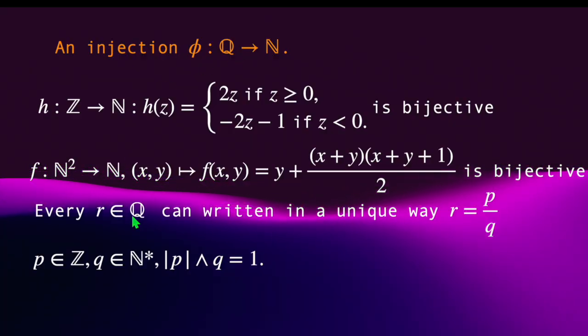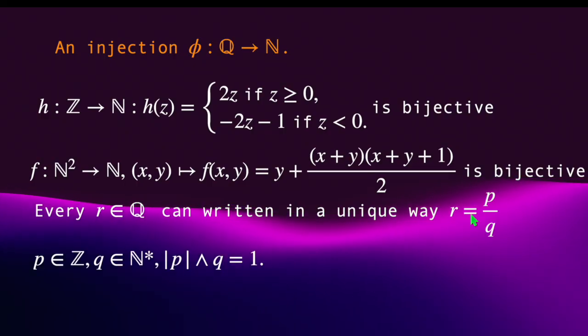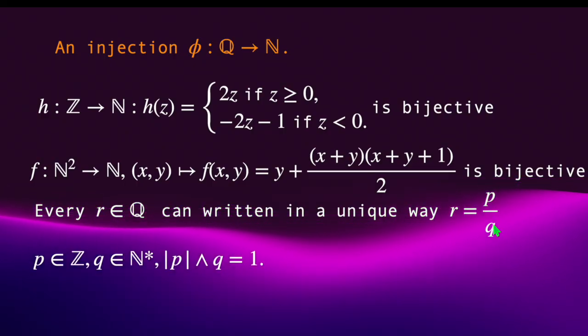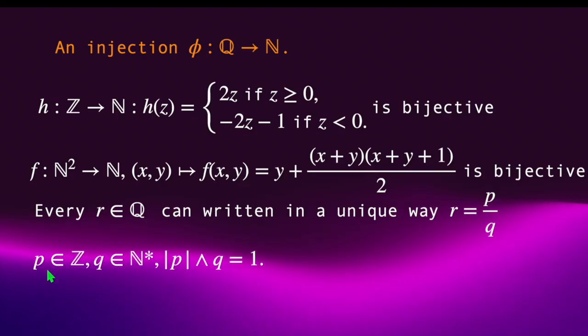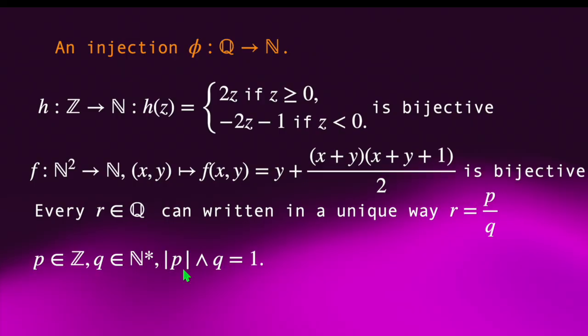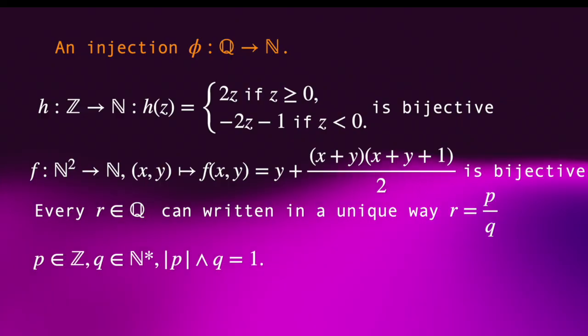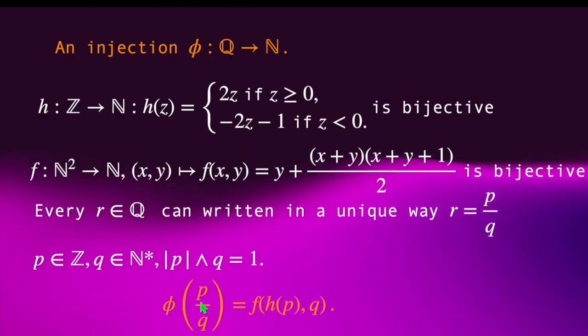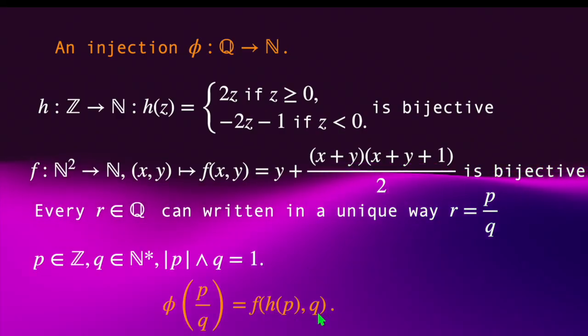So every rational number can be written in a unique way as p over q, where p is a relative integer and q is a non-zero natural number, with the condition that the absolute value of p and q are coprime. They have no common divisor. And we put phi(p/q) equal f(h(p),q).